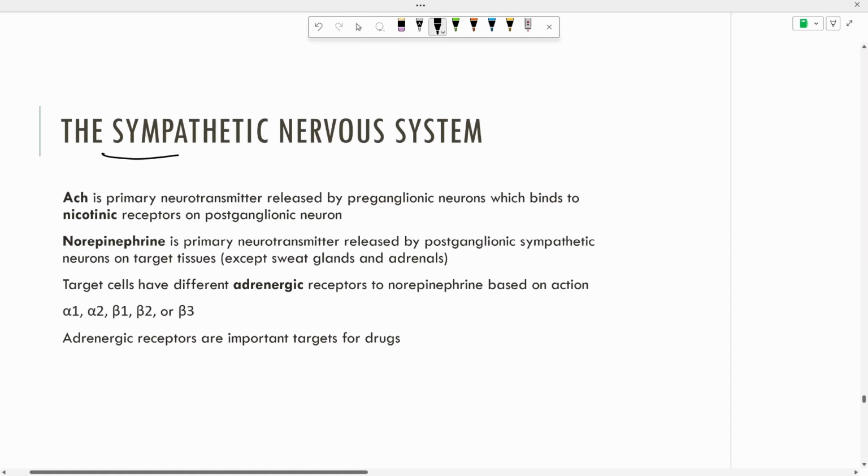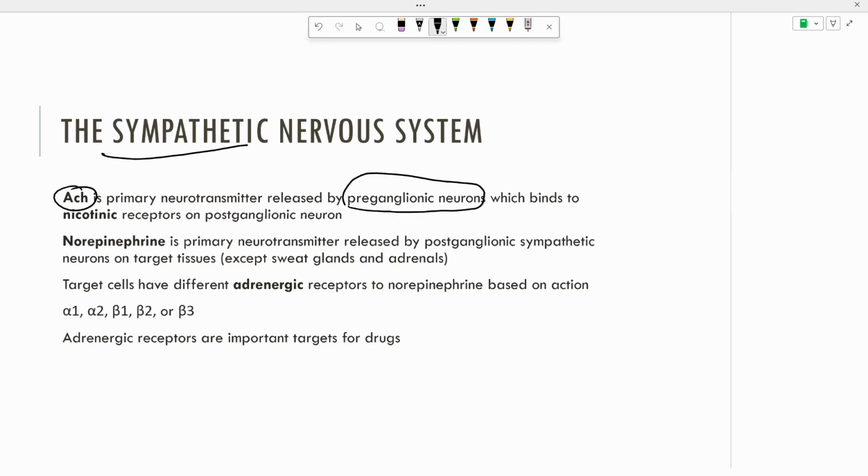We're still dealing with the sympathetic nervous system here, so just keep that in mind. We're just talking about sympathetic. Acetylcholine is the primary preganglionic neurotransmitter. It's going to release acetylcholine, and it's going to bind to a nicotinic receptor on that postganglionic neuron, and then after that, it's going to be whatever that target tissue is going to release. That's the adrenergic side.